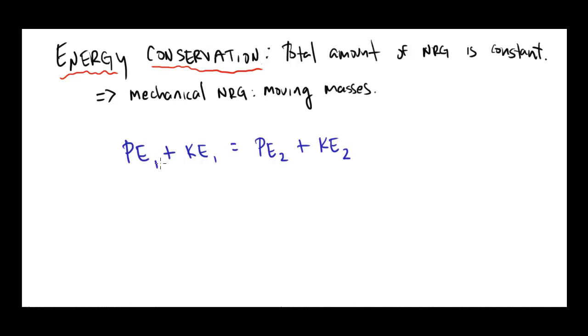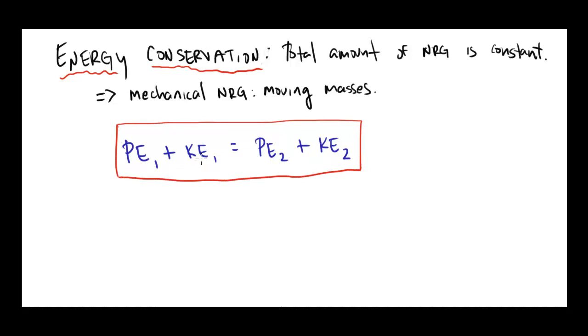That's one way you could express it. The total mechanical energy at a certain point has to be equal to the total mechanical energy at some later point. And so for our purposes, this is what we're going to think of as the principle of mechanical energy conservation. The sum of the mechanical energy at one point equals the sum of the mechanical energy at another point.